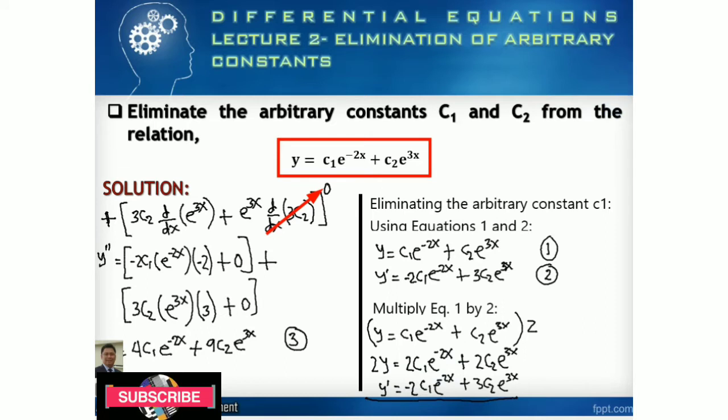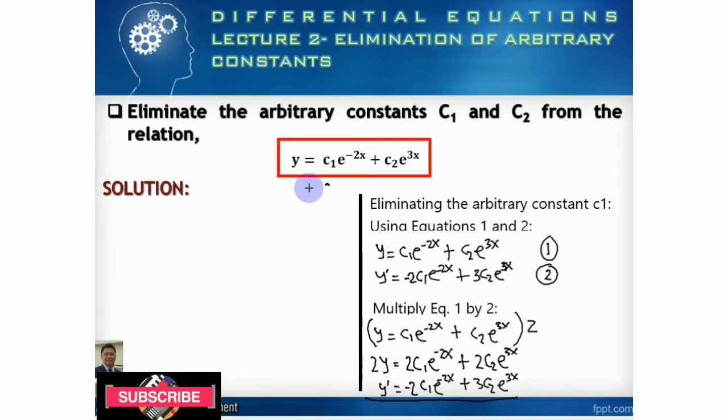Proceeding with this calculation, we have 2y plus y prime. Since we are going to add so that we can eliminate this c1, because 2 plus negative 2 is equal to 0. So c1 is being eliminated, and 2y plus y prime is equal to, this is 0.